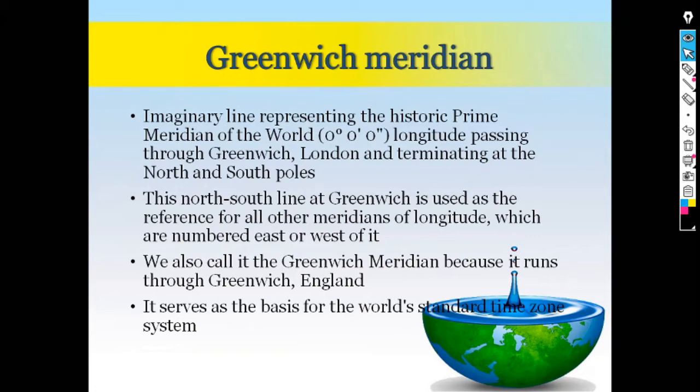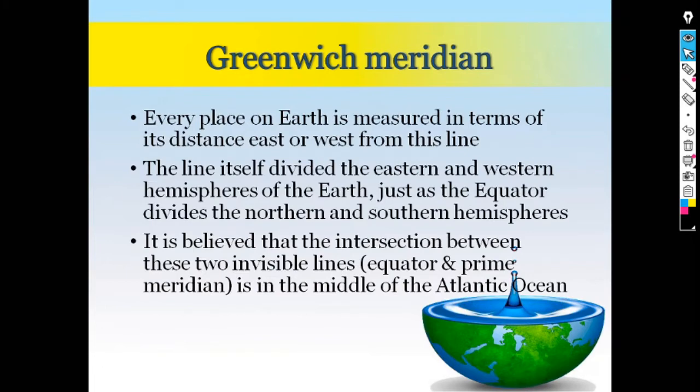We also call it Greenwich Meridian because it runs through Greenwich, England. It serves as the basis for the world standard time zone system. Every place on Earth is measured in terms of its distance east or west from this line.